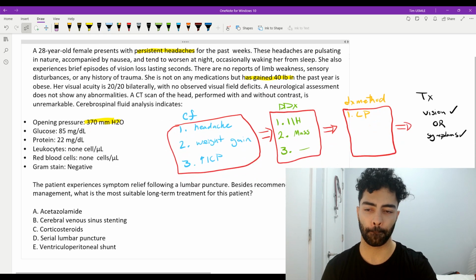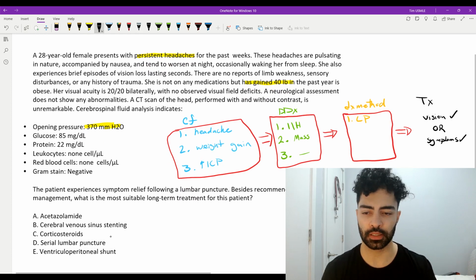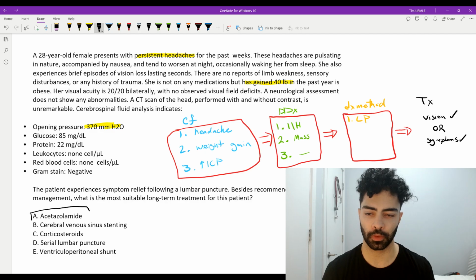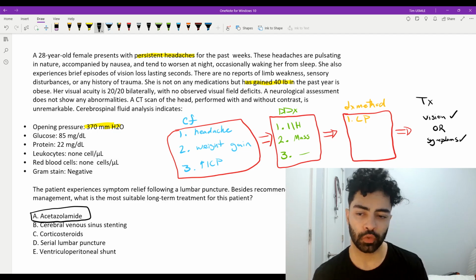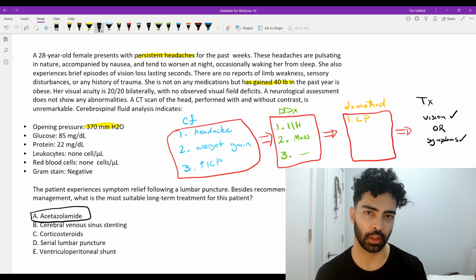And the medication you use for this is acetazolamide. There certainly is a place for surgery with a cerebral venous shunt, but that's only in cases where medication can't cure or help control the condition.